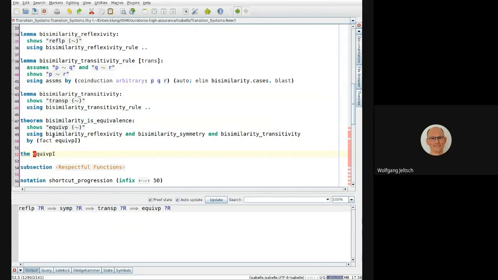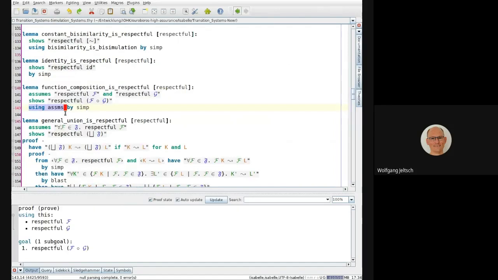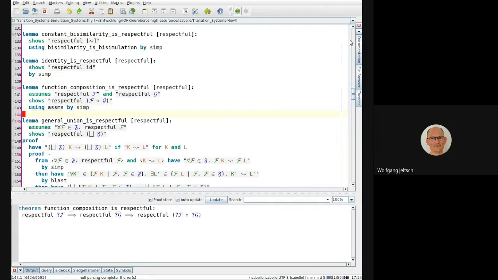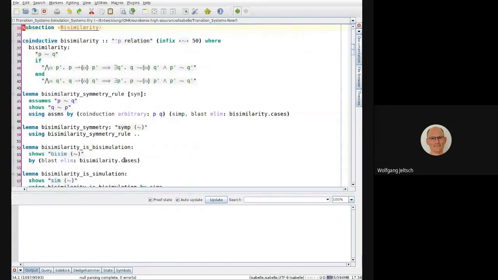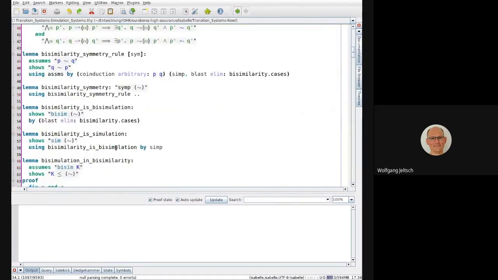So we can just use these 3 facts that we have: the reflexivity from here, the symmetry, which we have inherited from the simulation systems, which should be somewhere here. And yeah, it's here.